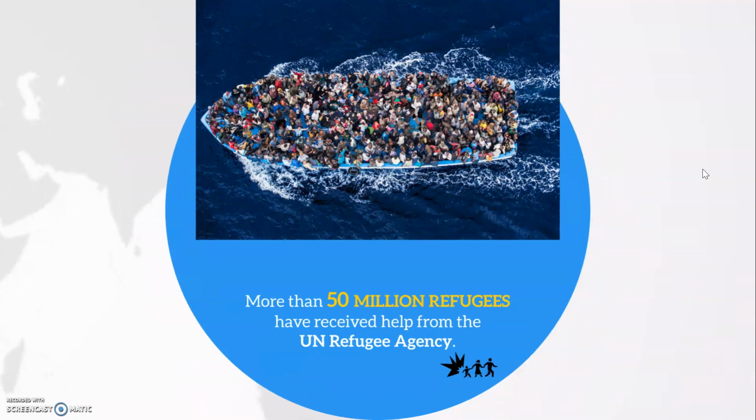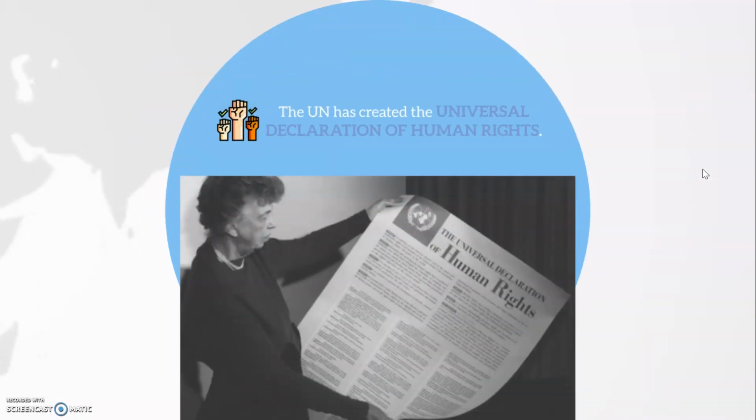More than 50 million refugees escaping persecution and violence have received help from the UN Refugee Agency. The UN has created a set of international laws to protect human rights with the Universal Declaration of Human Rights. This is Eleanor Roosevelt holding the Universal Declaration of Human Rights.